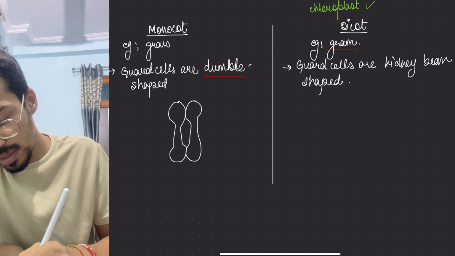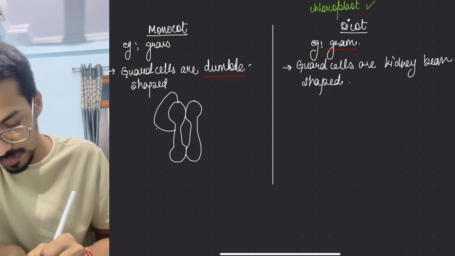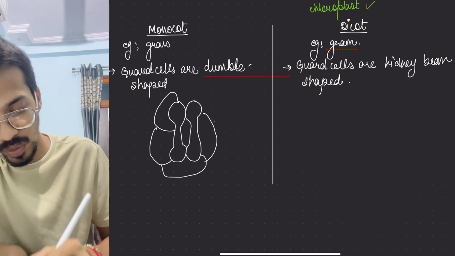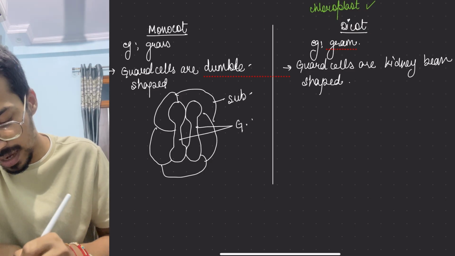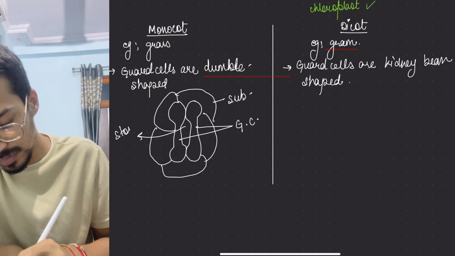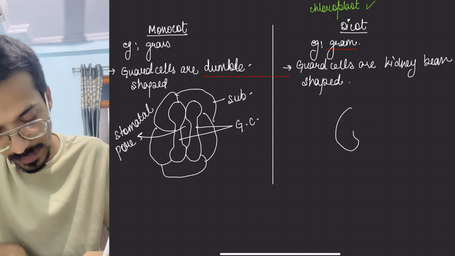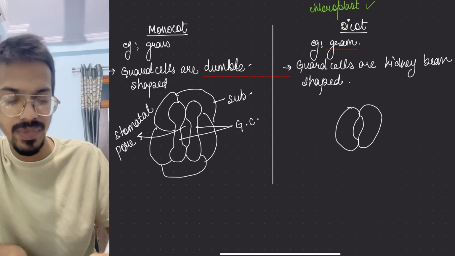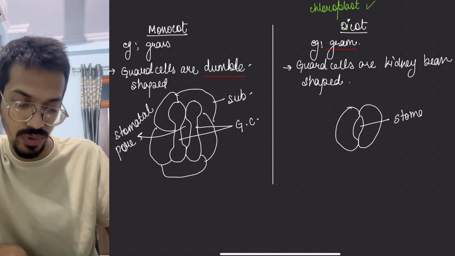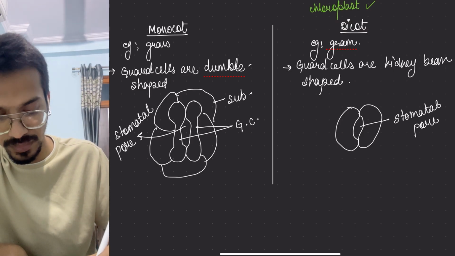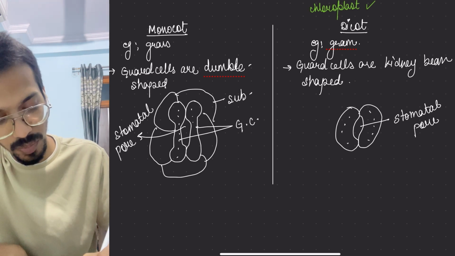Now around it there will be your subsidiary cells. So these are subsidiary cells, guard cells and stomatal pore. Here it is like this, which we have already made. And in both the cases we are making an open type of stomatal pore or stomata. These are chloroplasts.